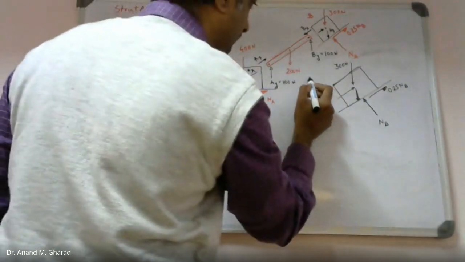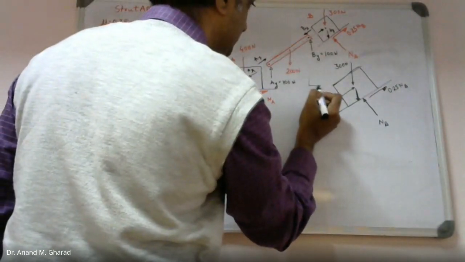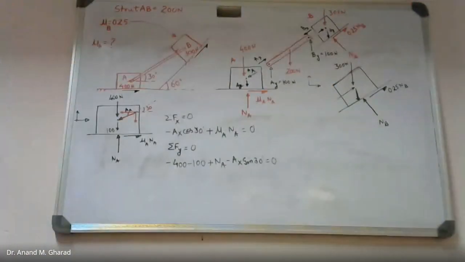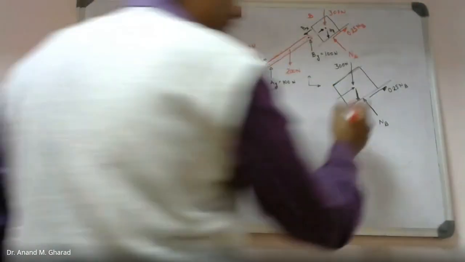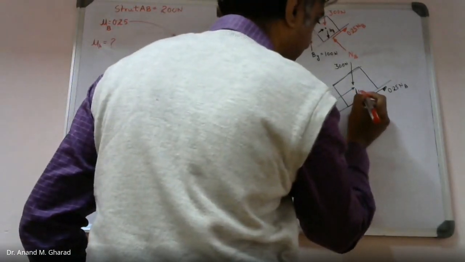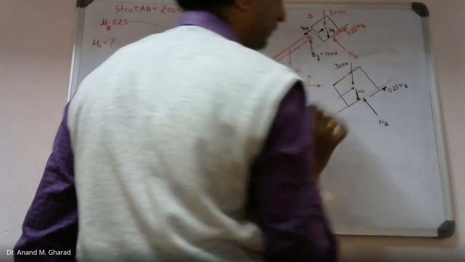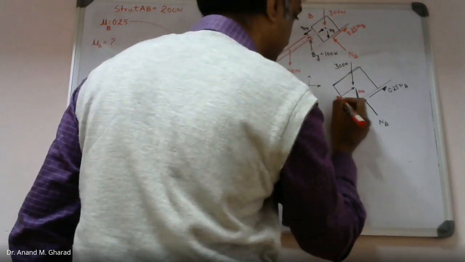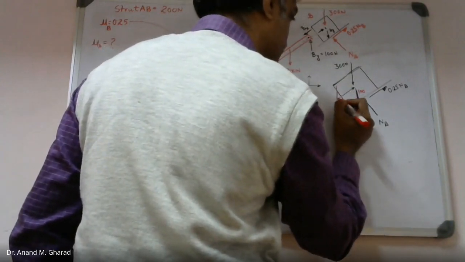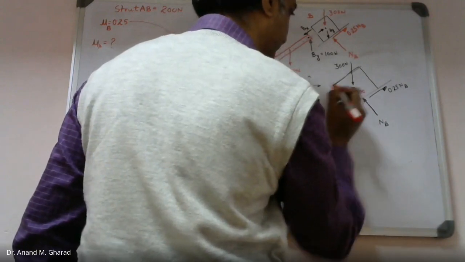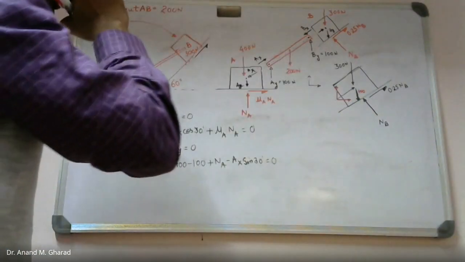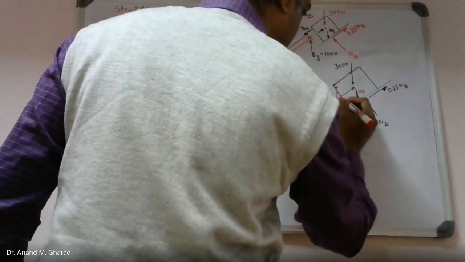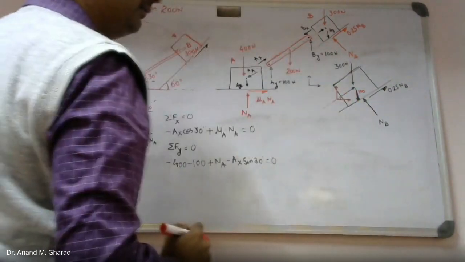Again, what we will do, we will consider this X and Y. And with respect to this X and Y axis, everything is inclined except for this 100 Newton and this 300 Newton. That's it. Okay. So this is your Bx. Okay. So this will be resolved, and you will agree this angle will be 30 degree, isn't it?